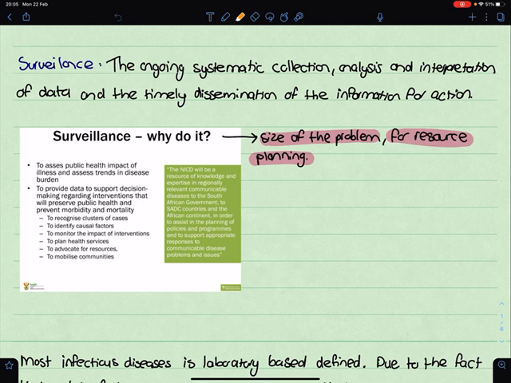So you can see how big the outbreak or the problem is and where the resources should be addressed in order to overcome this problem. And also the surveillance will provide data for evidence-based decision-making regarding interventions and formulation and testing of hypotheses and things like that.